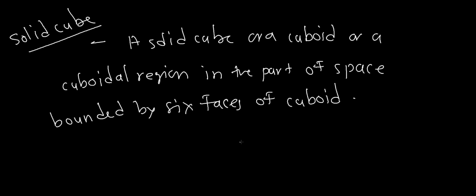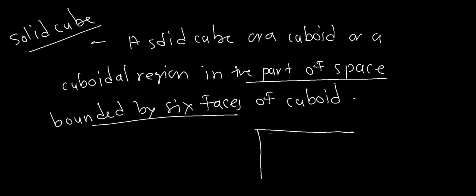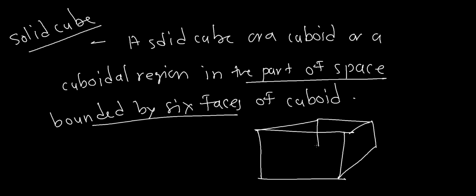So a cuboidal region means it's the part of the space bounded by the 6 faces of the cuboid. So if we draw a cuboid like this, so the part of space, this is the whole space, that is our canvas right now, and it is bounded by this cuboid.